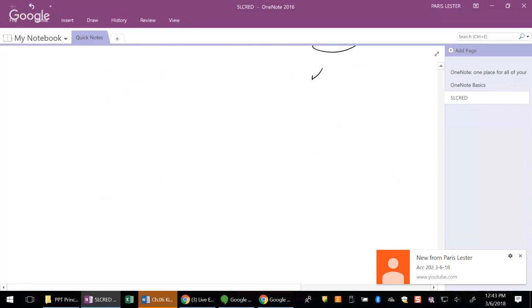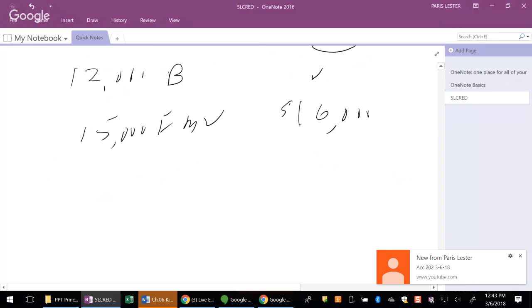All right, same example: $12,000 basis, $15,000 fair market value. Want to trade this for the $16,000 fair market value. This is truck A, and we'll trade it for truck B.